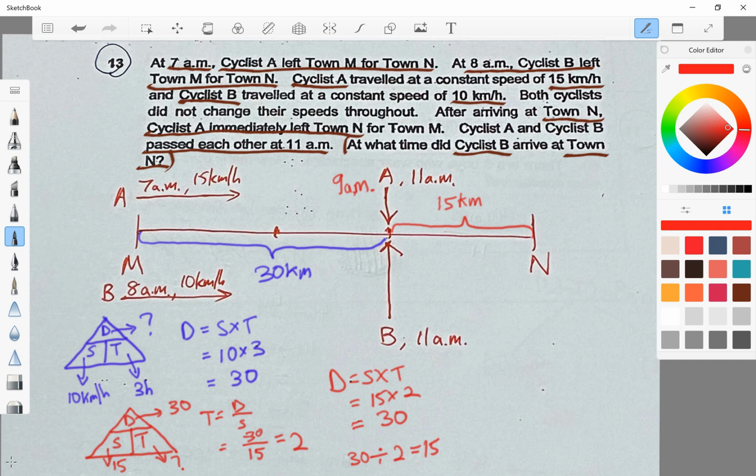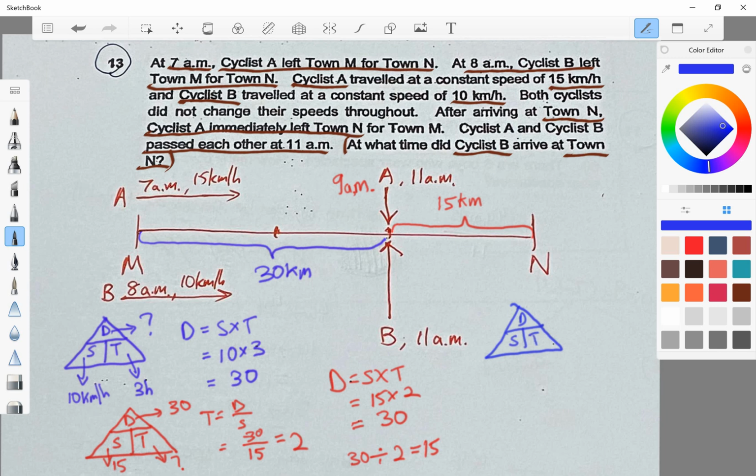So the question is asking us, at what time did cyclist B arrive at town end? So back to cyclist B. For cyclist B, I will draw a very simple DST triangle. So again, we are dealing with the DST triangle.